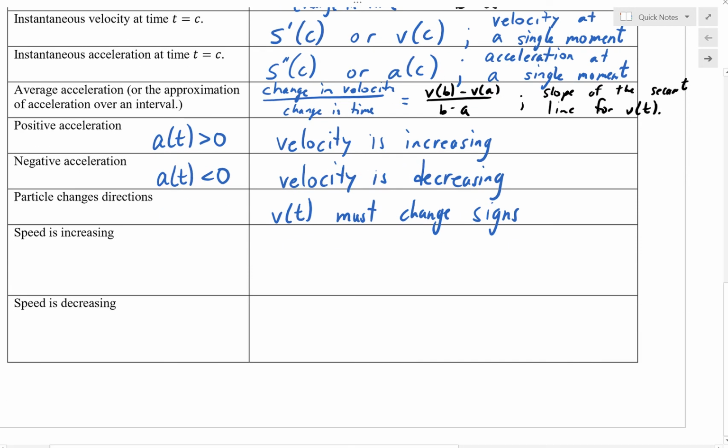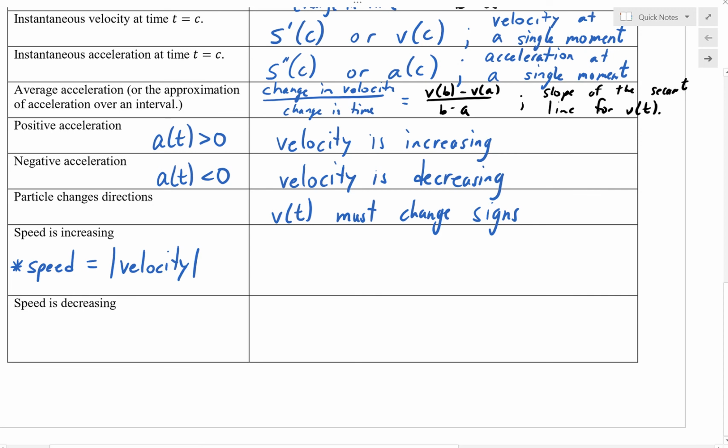The next two things we're going to talk about are speed increasing and speed decreasing. Before we can talk about that, I want to make sure we understand that speed is the absolute value of velocity.